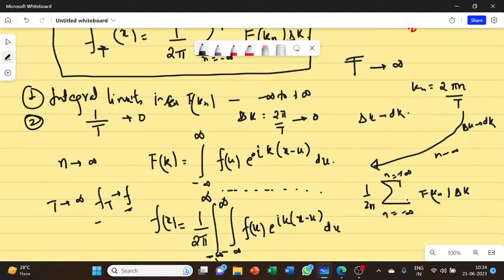This particular summation will also be replaced by an integral from minus infinity to plus infinity. Okay, is that clear or not clear?